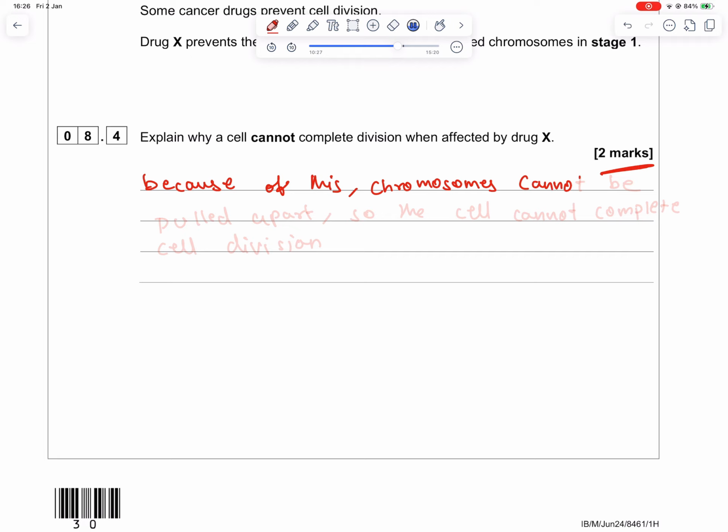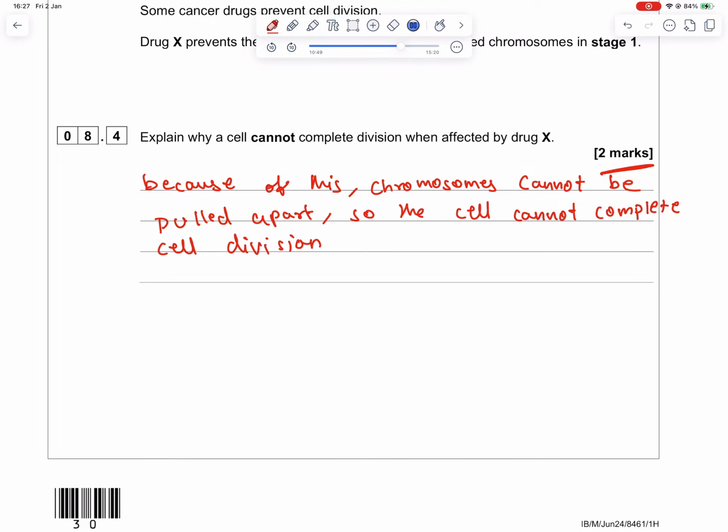We are going to write that they cannot be pulled apart. So the cell cannot complete the cell division. Therefore, or we can also write it cannot complete mitosis. Either one is fine here.